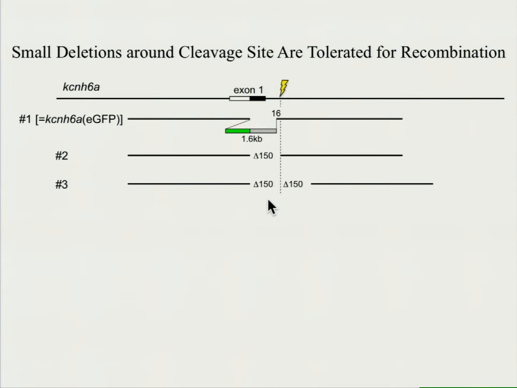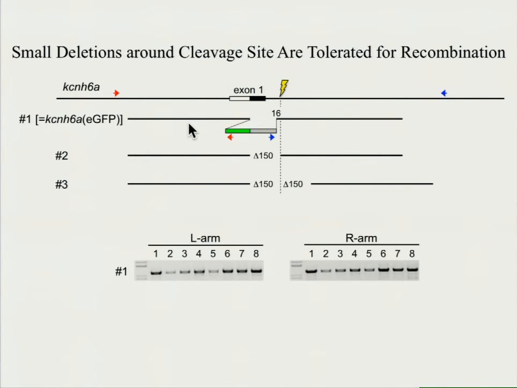So the recombination efficiency of these donors was analyzed by genomic PCR with these primers on the right side and these primers on the left side. With the first donor, we could see the recombination in eight independent embryos on the left side and the right side.